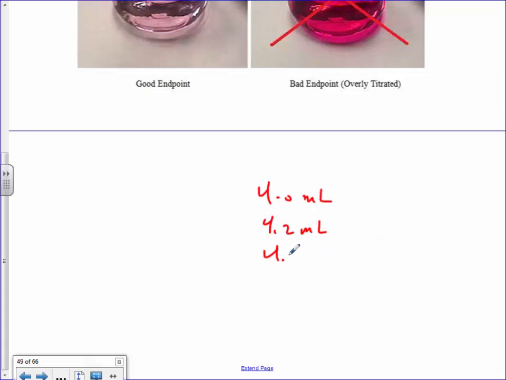Let's say the next time I get 4.2 milliliters. That's still good. Let's say that I got 4.7 milliliters. That one's too far away. Does that make sense? What we're going to look to do is find 3 results and then average them. Average. So just add them up and then divide by 3.